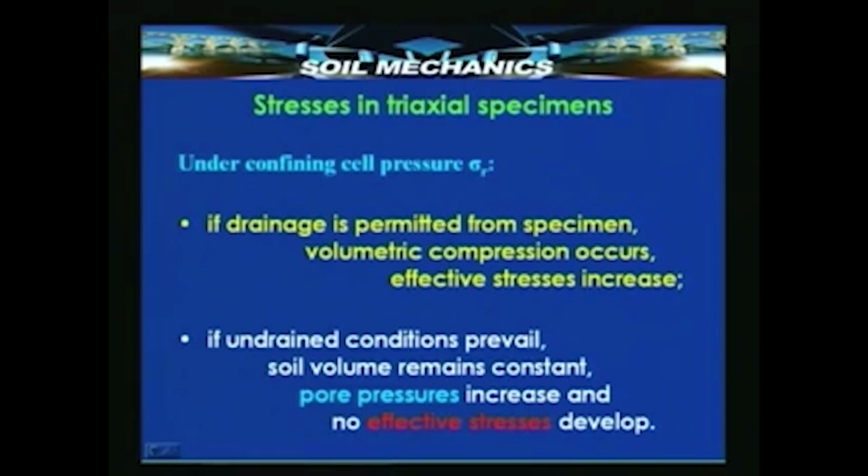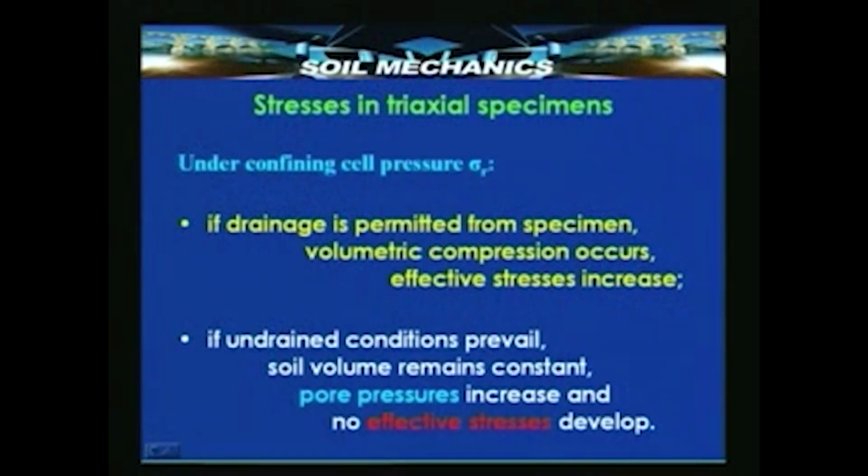So, as the test progresses, if it is a drained test, the effective stresses in the specimen go on increasing. If we apply stresses sigma 1 and sigma 3 to start with, at the end of the test we will have the effective stresses sigma 1 dash and sigma 3 dash acting on the specimen.